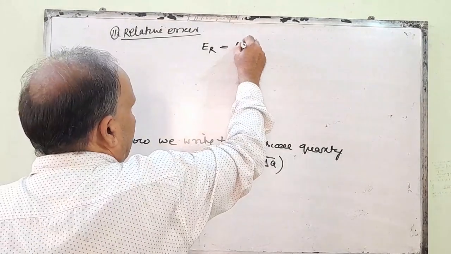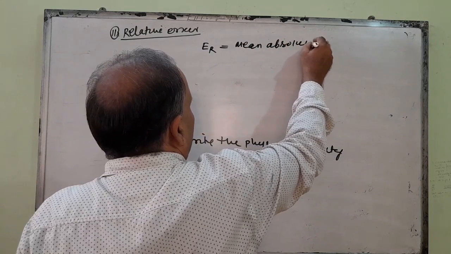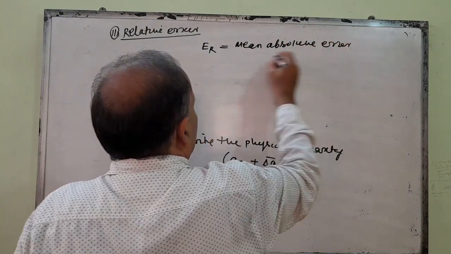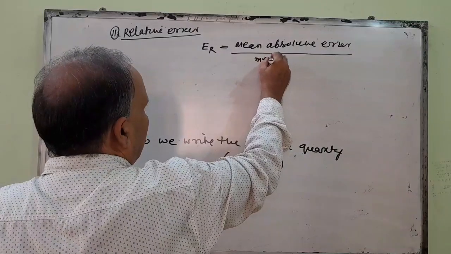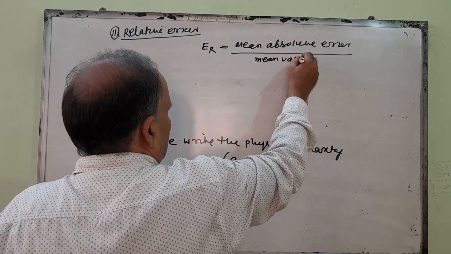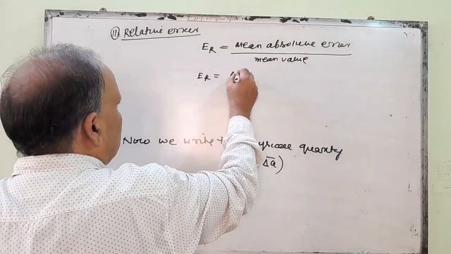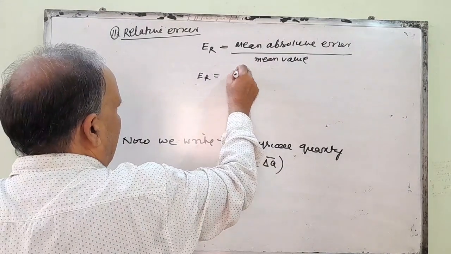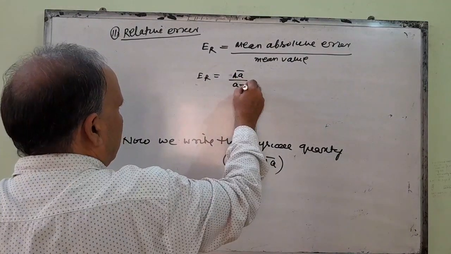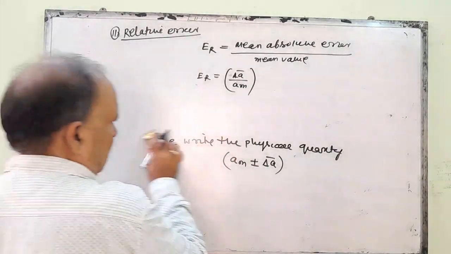Mean absolute error divided by your mean value. That is ER is equal to mean absolute error, delta A bar, divided by your mean value Am. This is the relative error or fractional error.